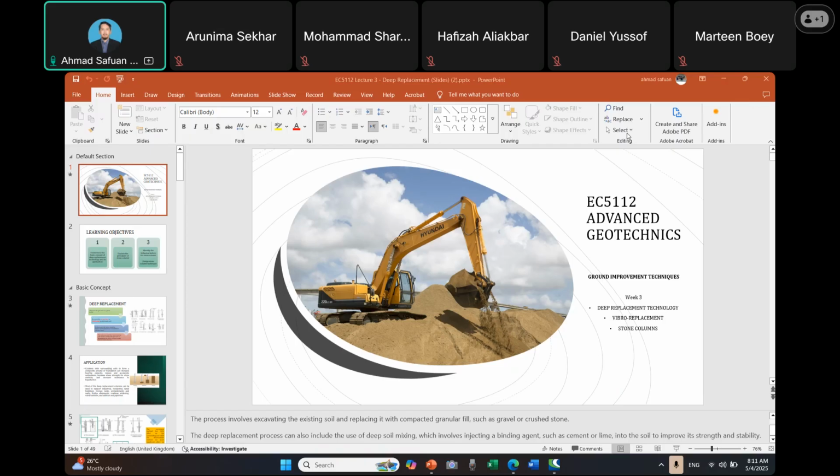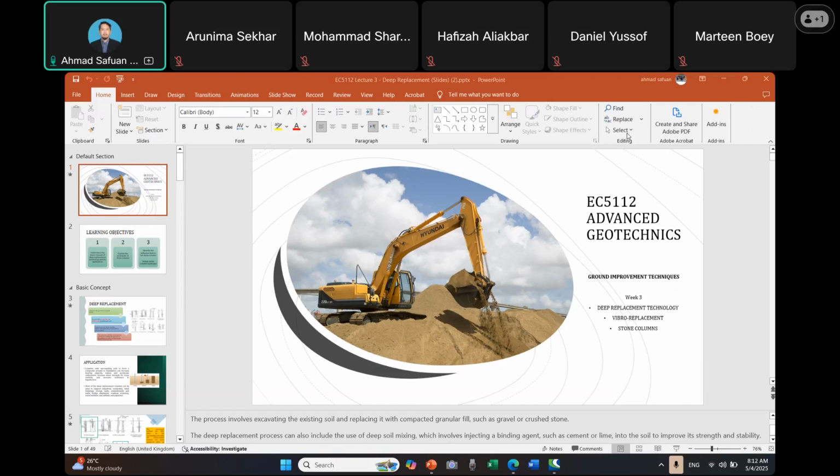The idea of the deep mixing methods in actual practice is that they mix the existing soil with a stabilizer or a binding agent. They have a special auger with a nozzle at the bottom.